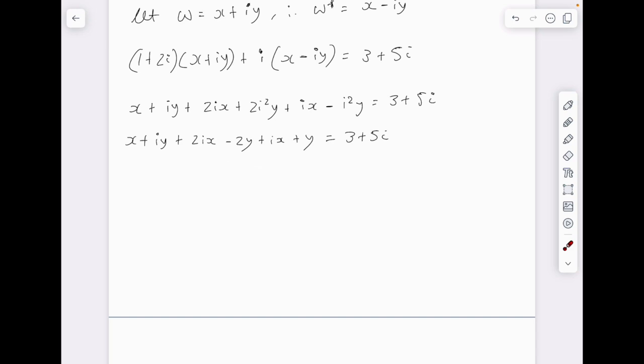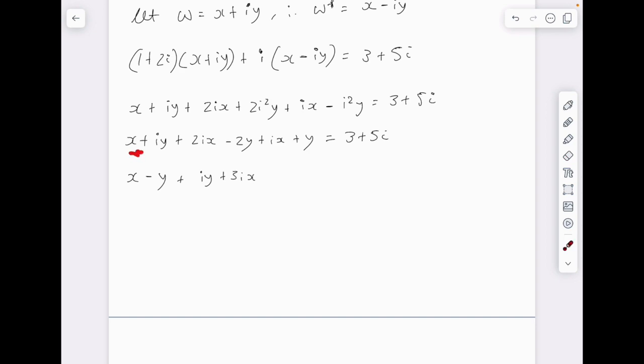Yeah, okay. So we put this all together, and we factorize it now. Effectively what we get is x minus y, minus 2y plus y, plus iy plus 2ix. It's actually plus 3ix then.